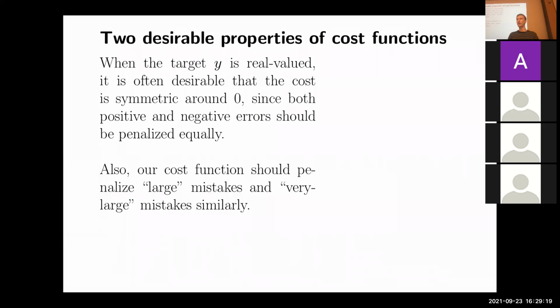Sometimes it's much worse if you predict too high than if you predict too low. So it's really your job as a data scientist to find a cost function which reflects what your customer wants, or what really measures the quality of the model in your use case.